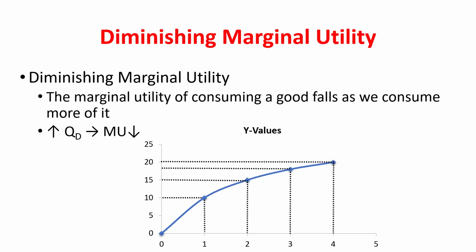But if I think about going from 0 to 1, what was the change in my total utility divided by a change in quantity? Well, here the change in quantities are nice and easy. They're 1. So you see here that the change in my total utility was 10. When I bought 1 more unit, my marginal utility per unit would be 10. Now, if I go from 1 to 2, that second unit I buy, the change in total utility was 5. So my marginal utility would be 5.